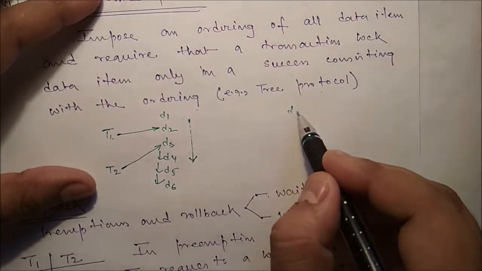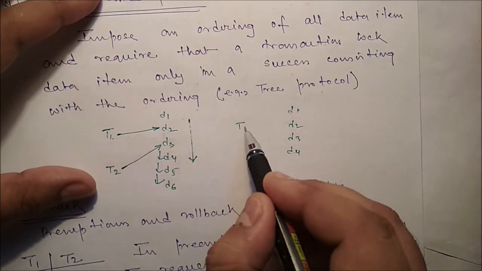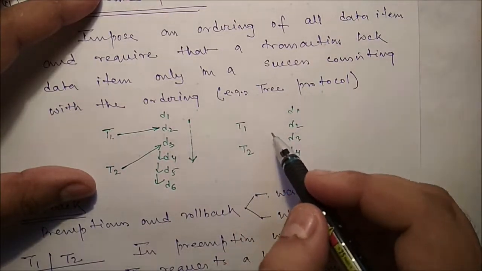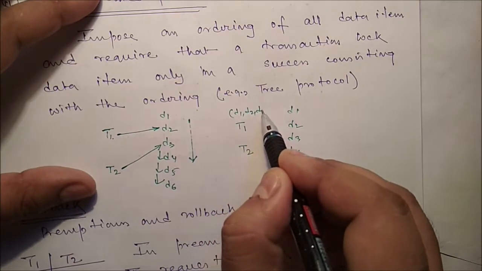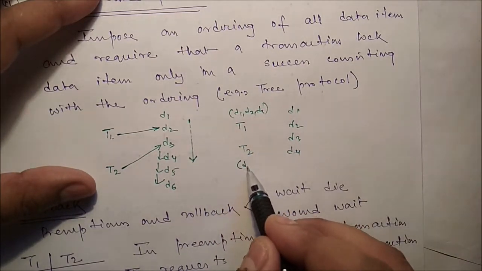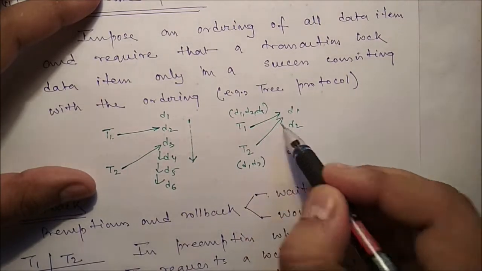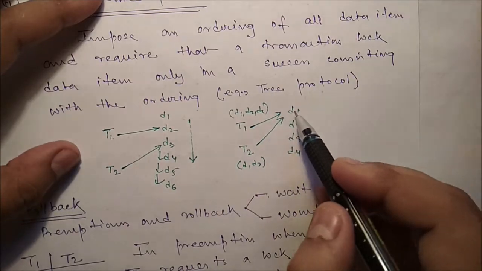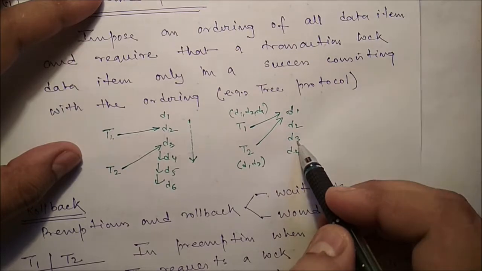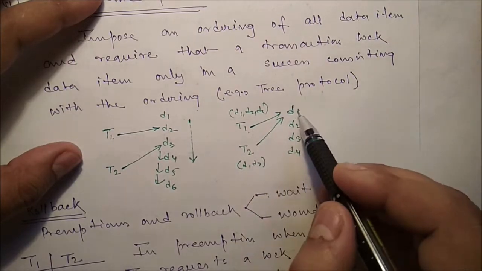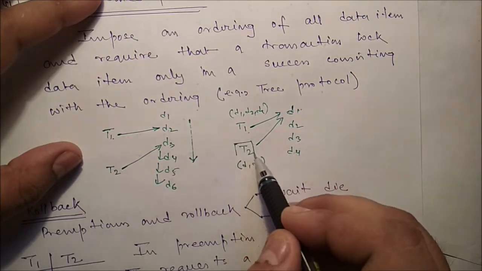Similarly, suppose D1, D2, D3, D4 are there, and two transactions, T1 and T2. T1 needs D1, D2 and D3, and T2 needs D1 and D2. So both will start from D1, but only one of the transactions can use D1 first. If T1 captures D1 first, then T2 must wait; T2 cannot start its execution.